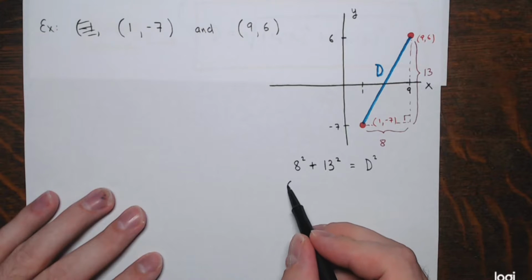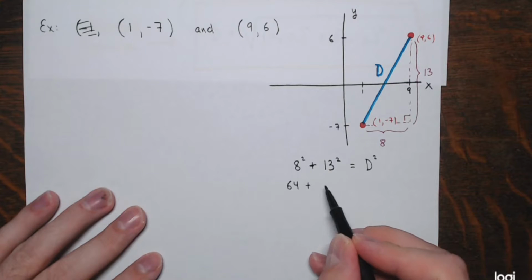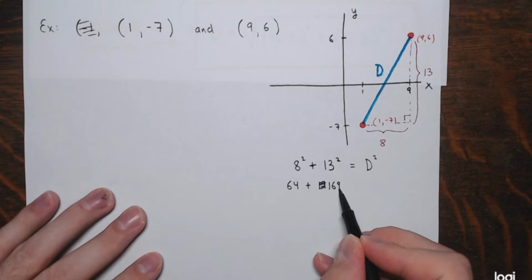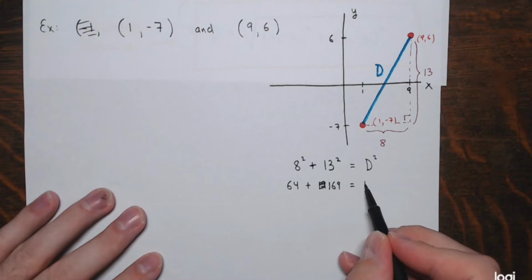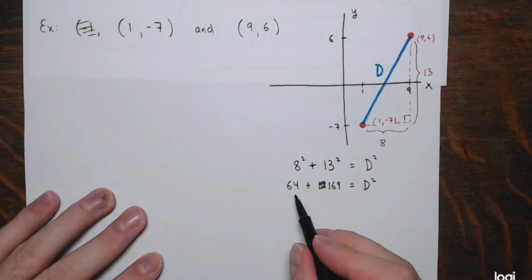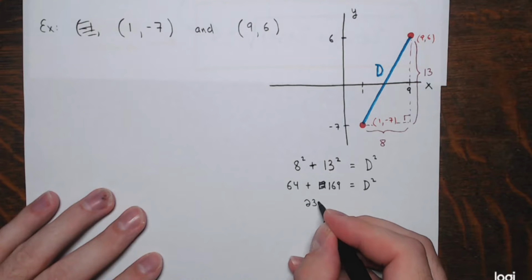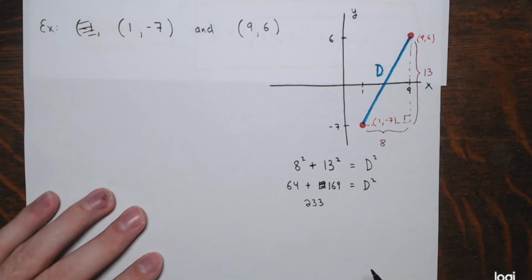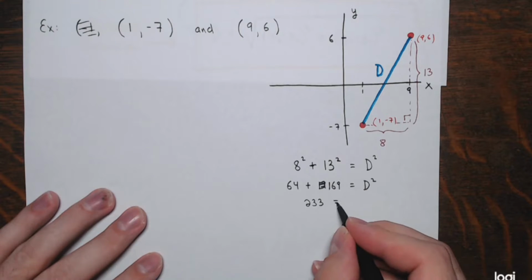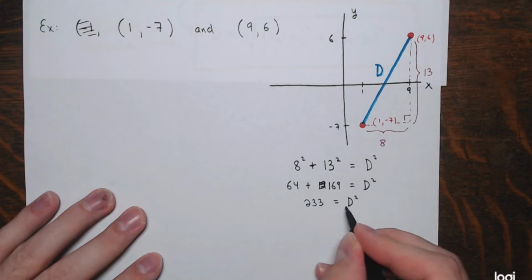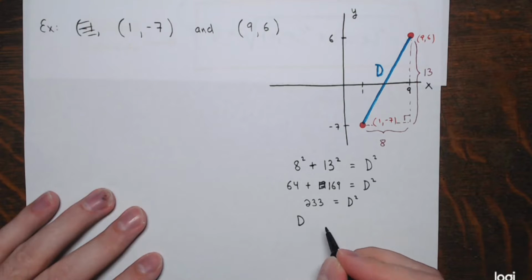So we have 64 plus 169 equals d squared. Now 64 plus 169 would be 233. Just double check that: 229 plus 4, 233. Taking the square root of both sides, we get the distance between them.